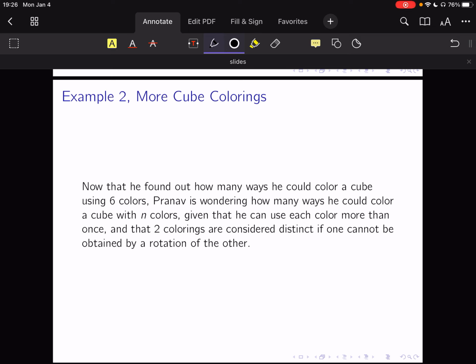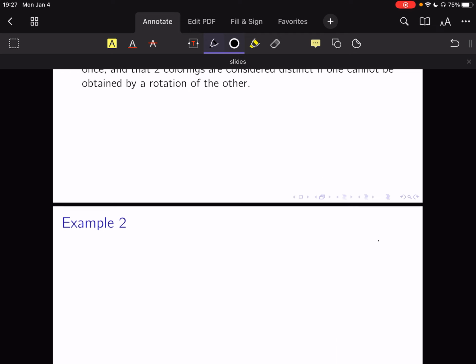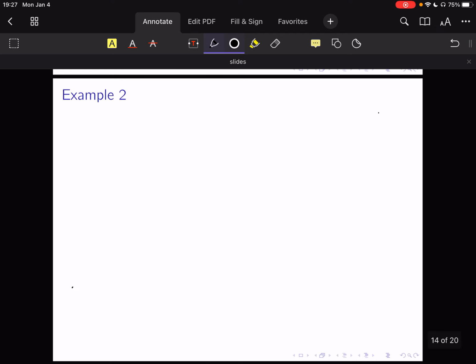Now that he found out how many ways he could color a cube using 6 colors, Pranav is wondering how many ways he could color a cube with n colors, given that he can use each color more than once and that 2 colorings are considered distinct if one cannot be obtained by a rotation of the other. So, like before, let's let X be the set of all possible colorings, without rotation, of course.